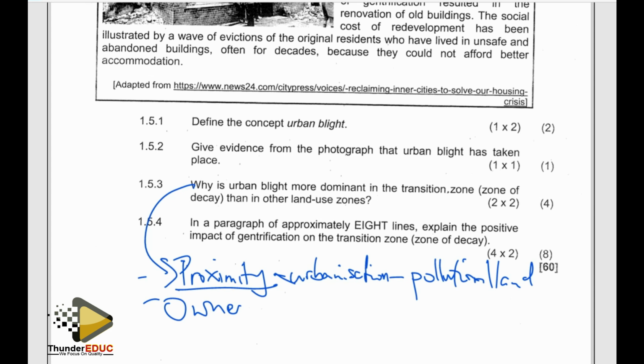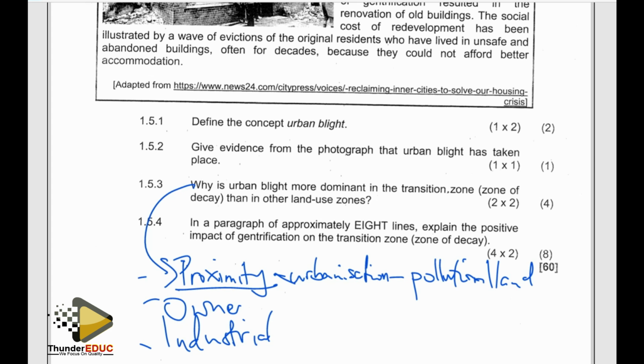Right, and also we can look at other factors like industrial decline. The industries have declined. Remember, the zone of transition was previously the home for the industries. People working in the light industries are the ones who usually stay in the zone of transition. And some of them even working in heavy industries were staying in that zone of transition.